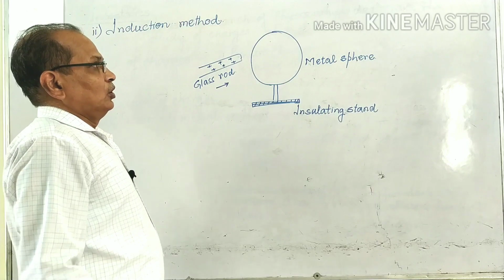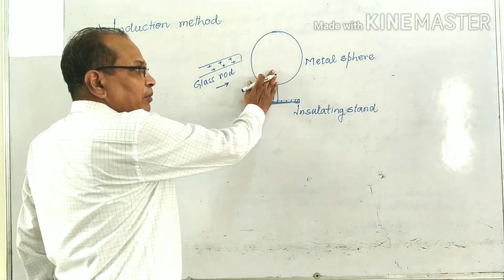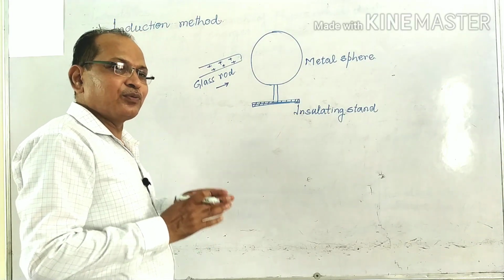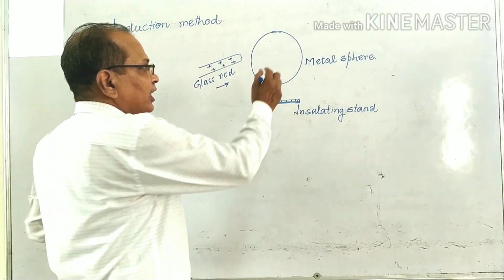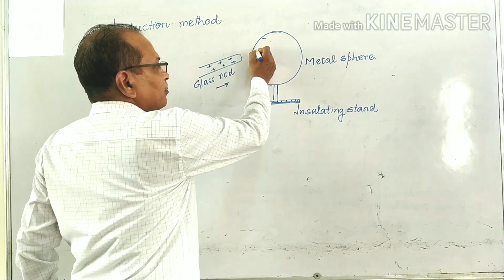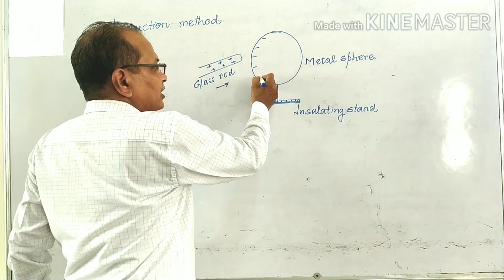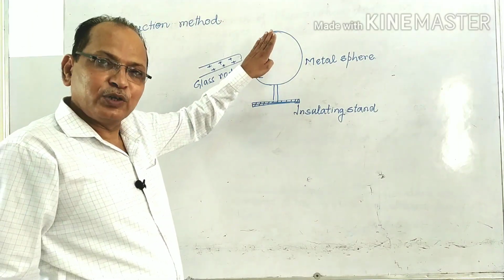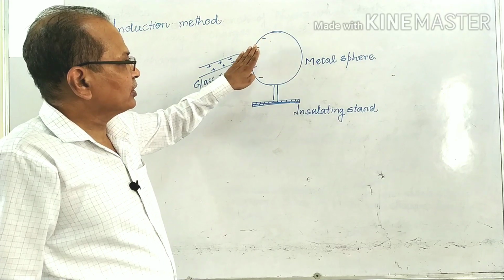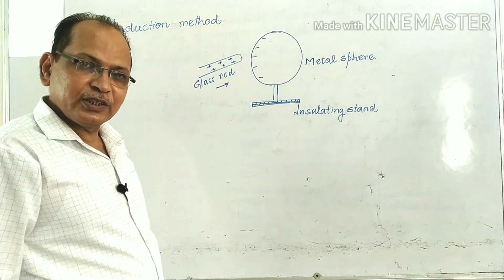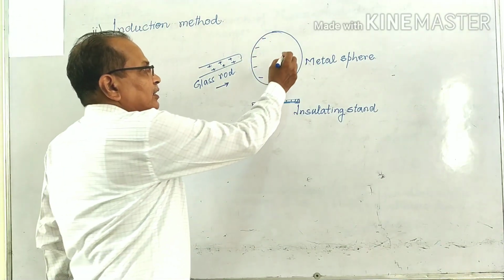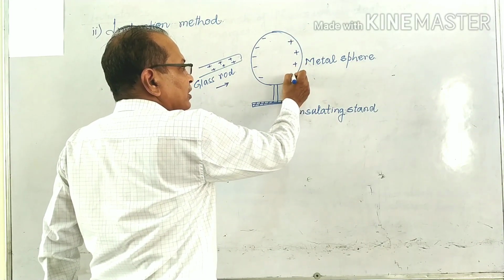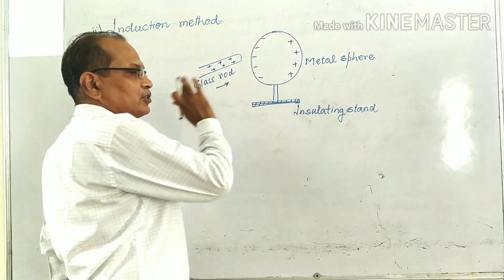Now, as you know, metal has free electrons. So these free electrons of the metal try to move towards the positively charged glass rod, while the positive charge moves away from the glass rod.